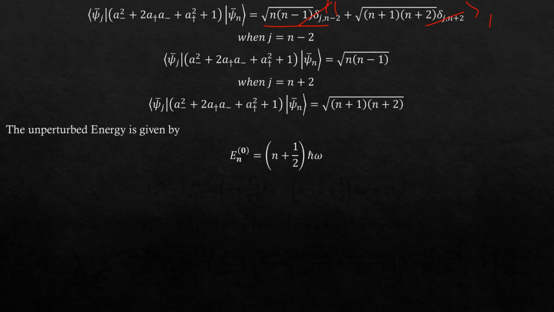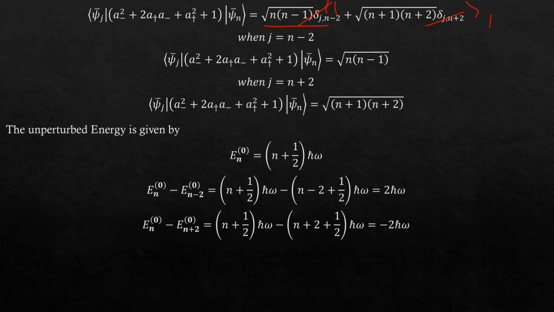First of all, our unperturbed energy is giving us this, and we need to also find En naught minus Ej naught. First of all, we'll start with j equal to n minus 2.